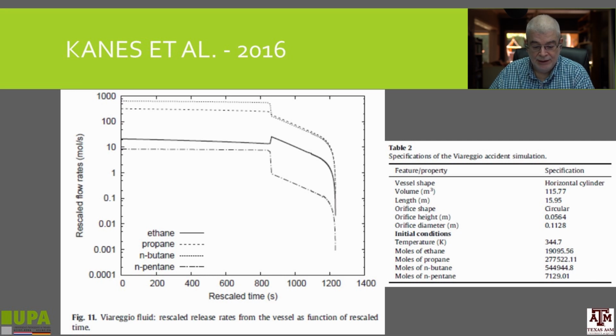And then at this point in time, it becomes a leak from the vapor phase, and then the depressurization takes place very rapidly, and the flow rates decrease by orders of magnitude very rapidly. So all of these we could simulate with our process safety simulator program.